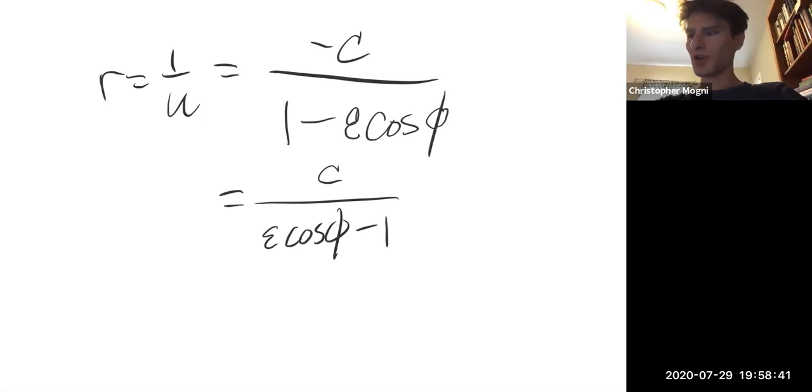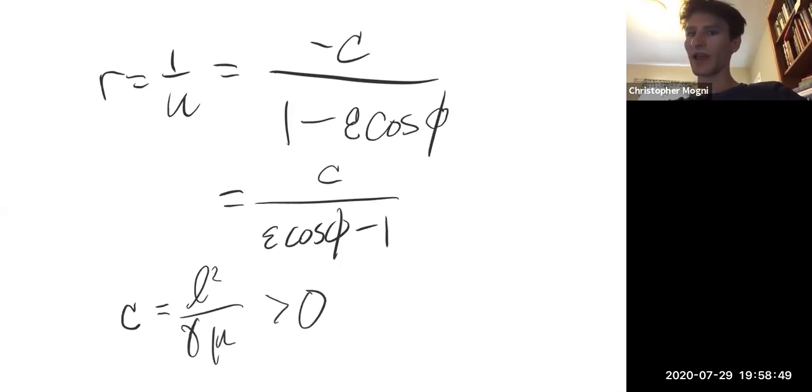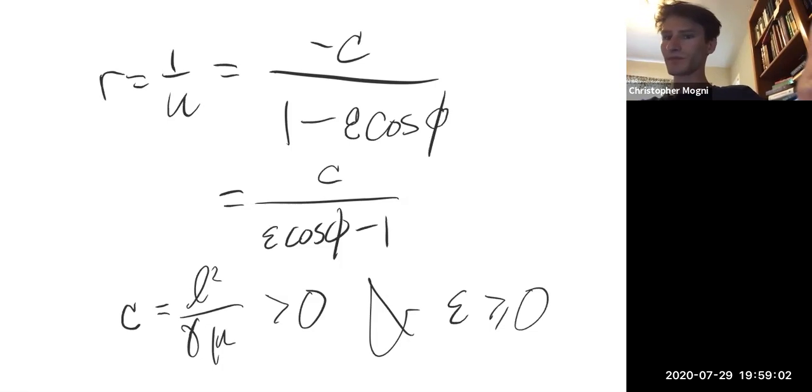So just as in the book here, C is equal to L squared over gamma mu. And this is going to be greater than 0, again, because the reduced mass and gamma are both greater than 0, and L squared, because it is a squared quantity, is inherently greater than 0. And epsilon has to be greater than or equal to 0.